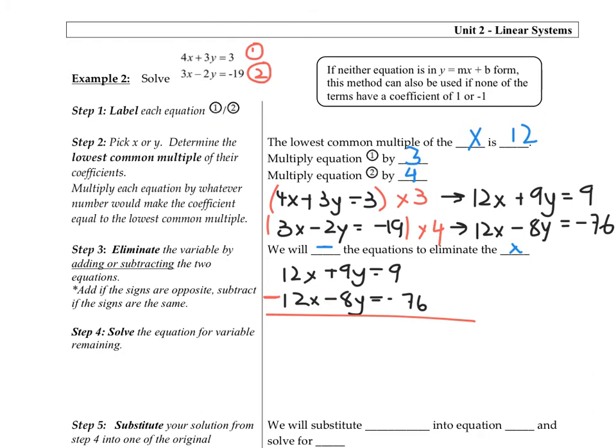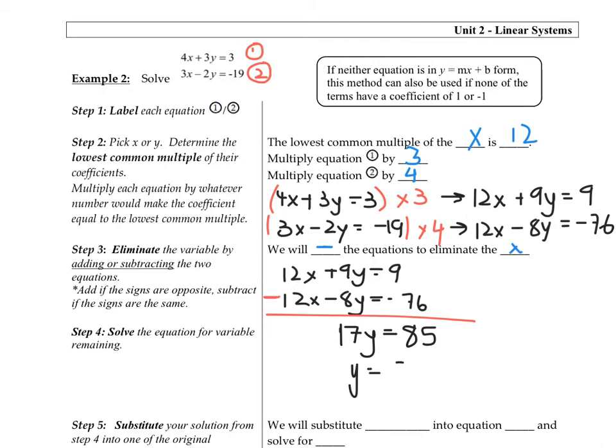So it's really 9 plus 8, which is 17y. And then 9 minus negative 76 is 9 plus 76, which is 85. And now we can divide both sides by 17, and I get 5.